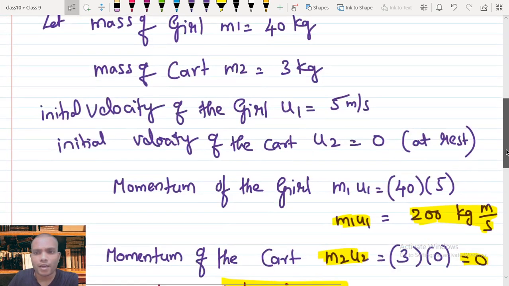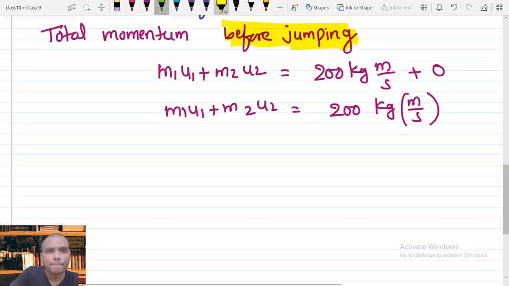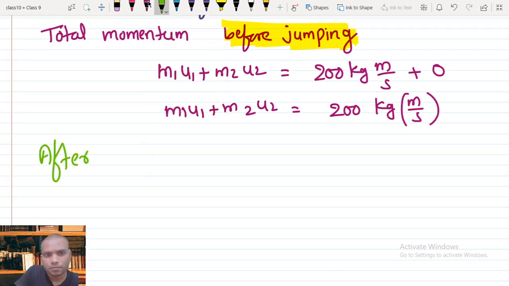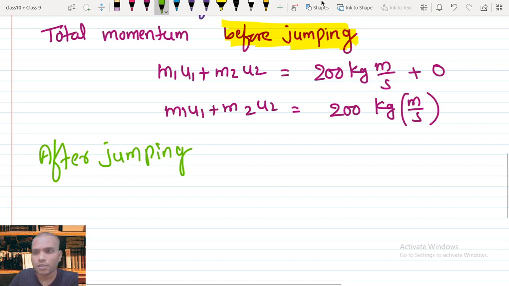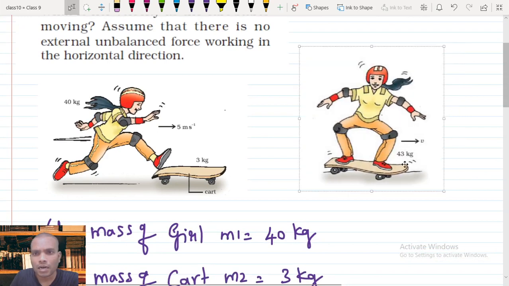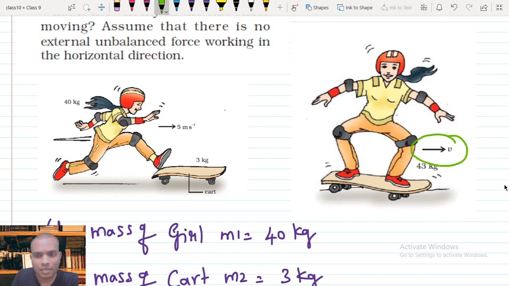Now after jumping, if you notice the diagram, the girl and the cart are both moving at the same velocity. Since the girl is on the cart, the velocity of the cart and the velocity of the girl are the same. Here that velocity is mentioned as v.